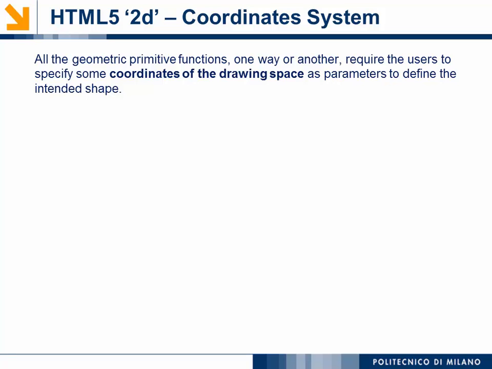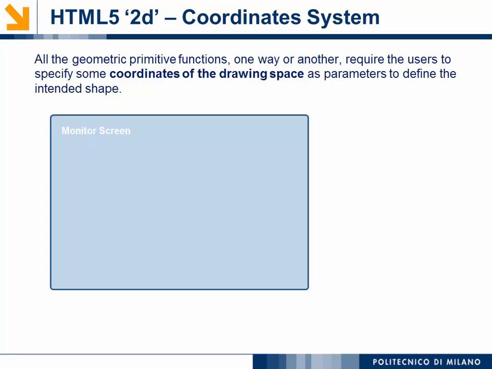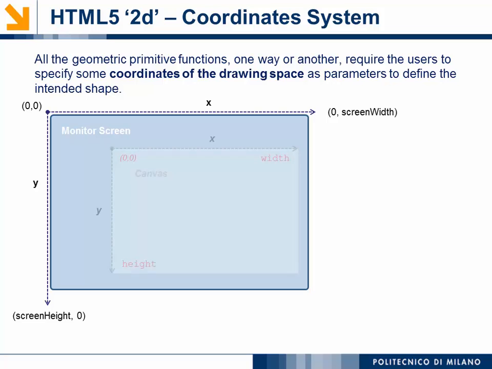What is important to know is the coordinate system, since each different context has its own coordinate system. The coordinates of the drawing space are not always coherent with that of the monitor, for example. But you know that monitor screens have the origin in the topmost left corner, and then the X goes from left to right, and the Y from top to bottom, up to the screen width or the screen height.